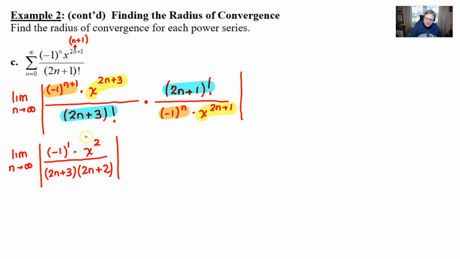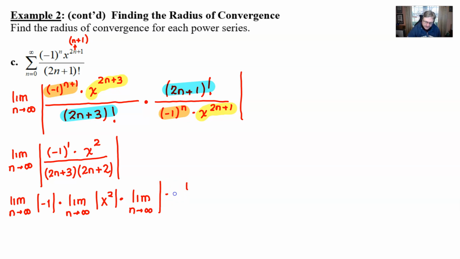If I were to break this apart and isolate it, I know this is probably a silly step to write down, nor would I really ever require that a student do this, but you could say the limit of the negative 1 as n approaches infinity, multiplied by the limit of, it doesn't matter which one, absolute value of x squared as n approaches infinity, multiplied by the limit as n approaches infinity of the only thing that's left, which would be the 2n plus 3, 2n plus 2, but note they are in the denominator. That is very important to recognize.